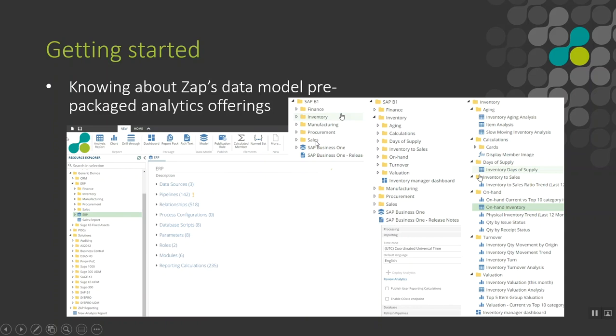Since our content is about inventory today, if I expand inventory, there'll be subject areas like aging, days of supply, on hand, turnover, valuation. If I expand that another level, I would see the analytics beneath that. For example, the inventory aging analysis report, slow moving inventory analysis report, or maybe the on hand inventory report.